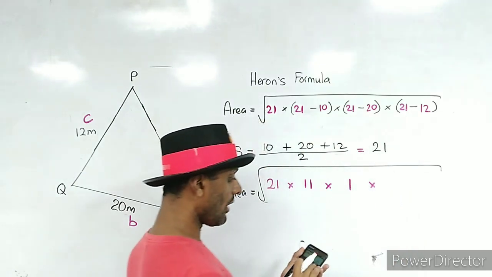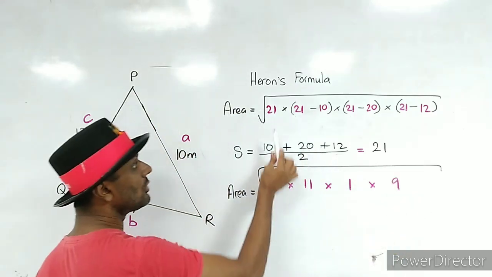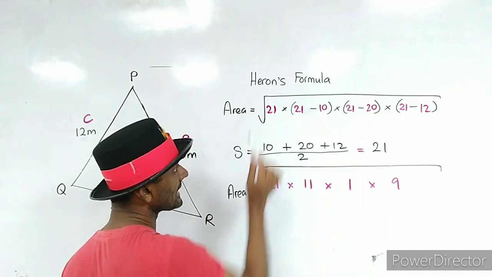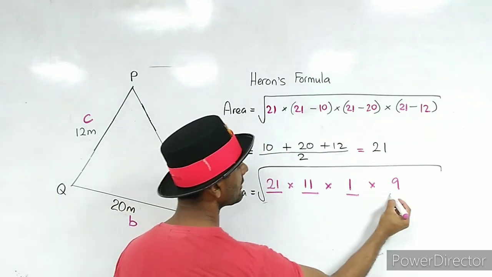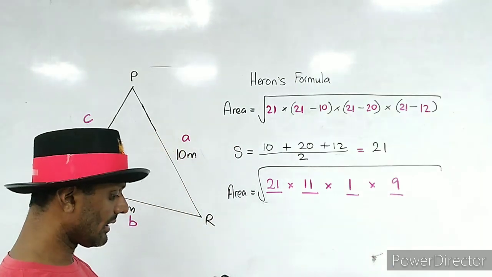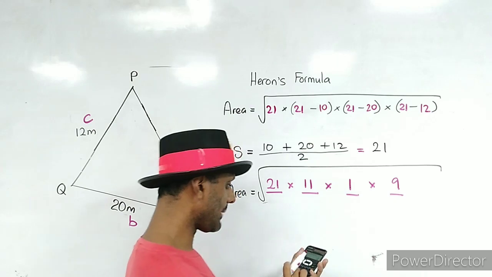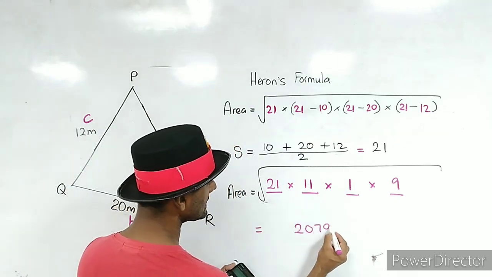And 21 minus 12 is 9. So all we did was simplify the brackets, and don't forget the annoying 21. Let's multiply 1, 2, 3, 4. 21 multiplied by 11, multiplied by 1, multiplied by 9. When we do that, we get 2079.